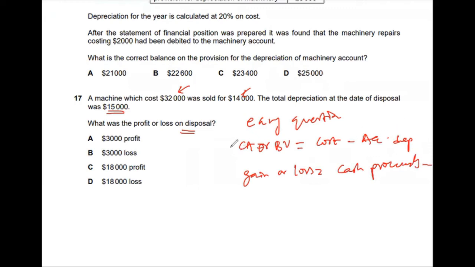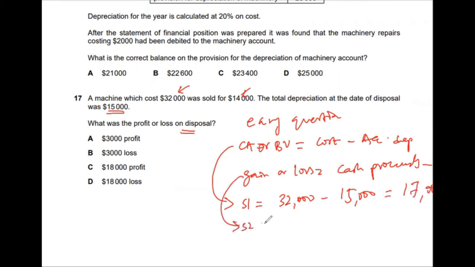If you look at the formula here, statement one, the cost was $32,000 minus $15,000, which gives me $17,000. Statement two, the company received $14,000, but the book value was $17,000.